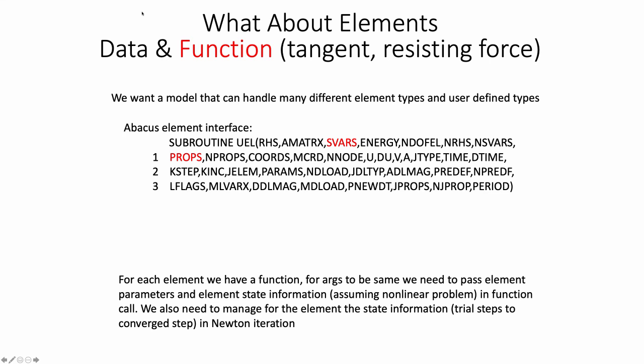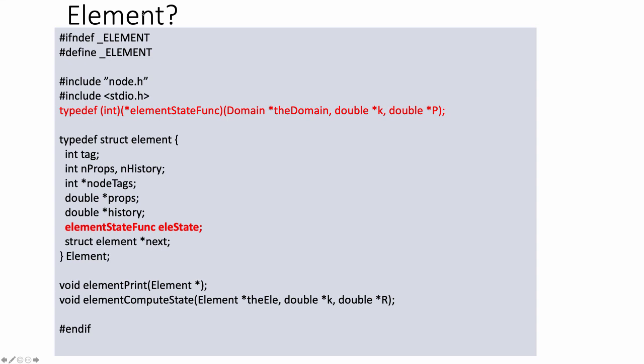So now what about elements? Elements are a little bit more complicated in the sense that we now have both data and functions associated with an object. We have functions associated with the object because we want to use elements of different types in our program. To do that, we're going to have to use something called function pointers. I'm using typedef again here to define a function pointer for myself.